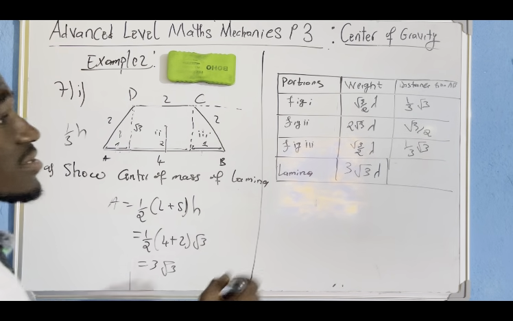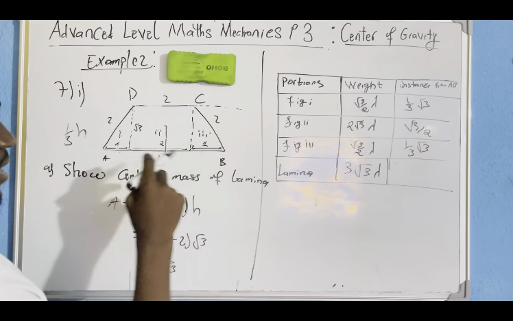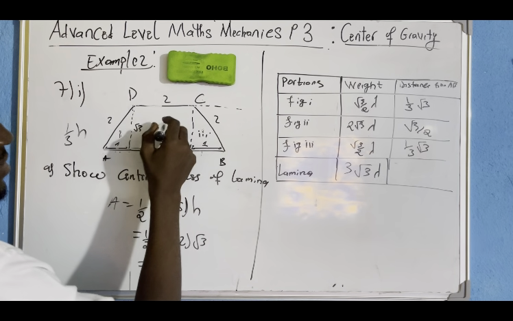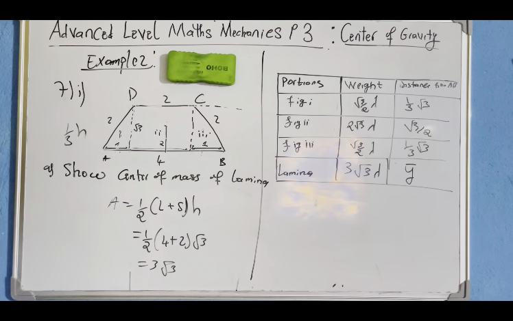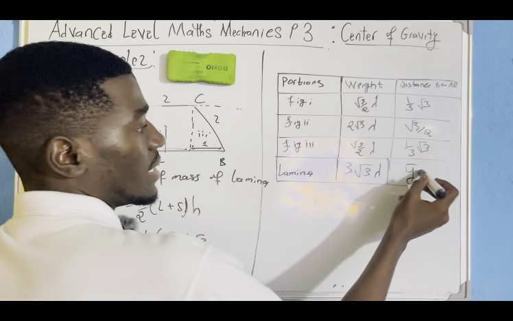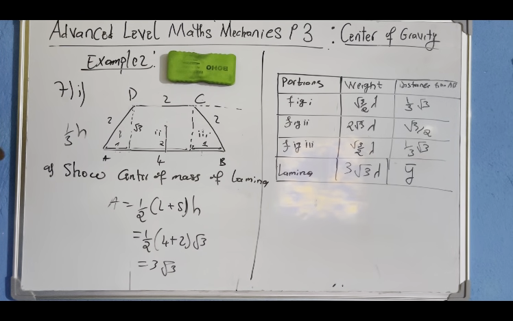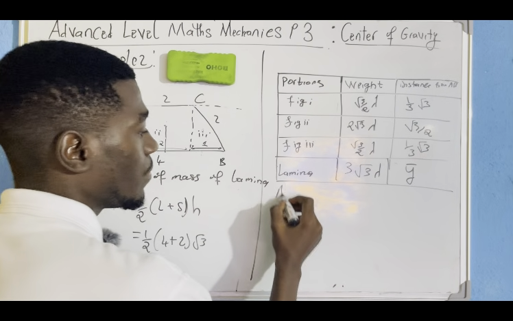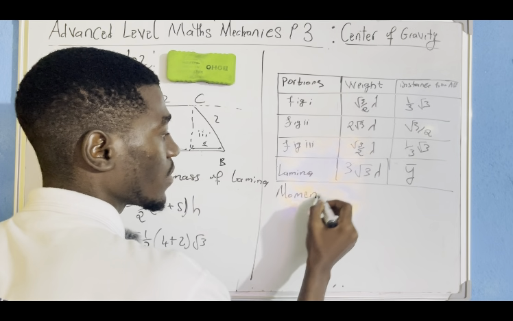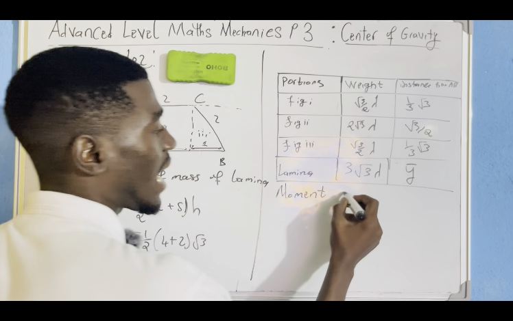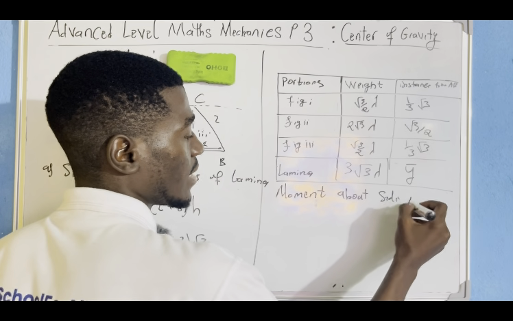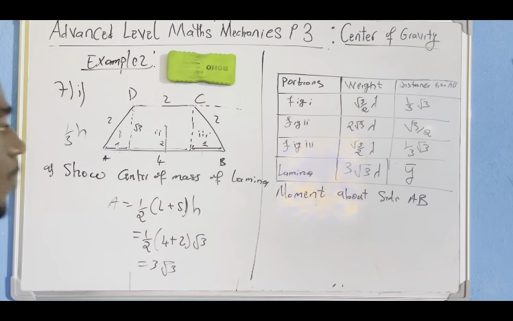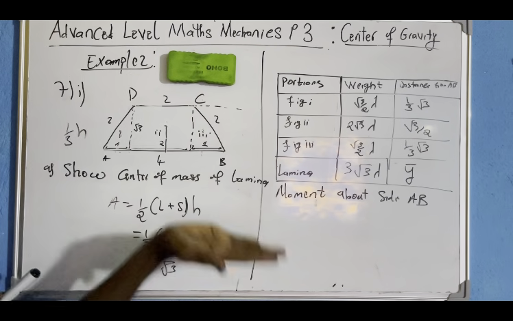Then the distance from the center to side AB, we don't know that distance. It's a vertical distance, therefore it is y bar. That is the distance I don't know, it's what I'm looking for. As I told you, to look for this y, you take moments about side AB, so that it should turn like this.